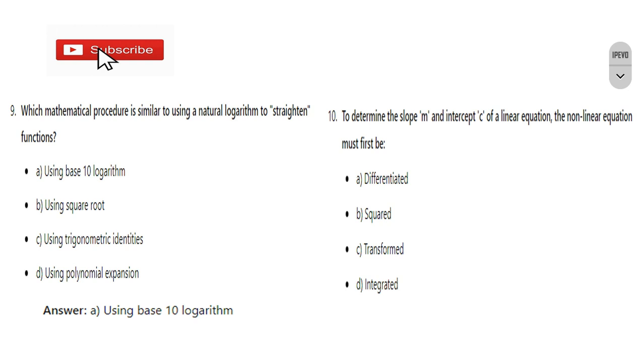The correct option to that question is option C, transformed. So to determine the slope m and intercept c of a linear function, the nonlinear equation must first be transformed.